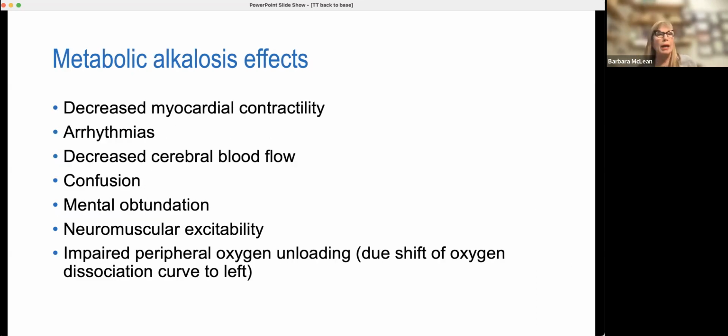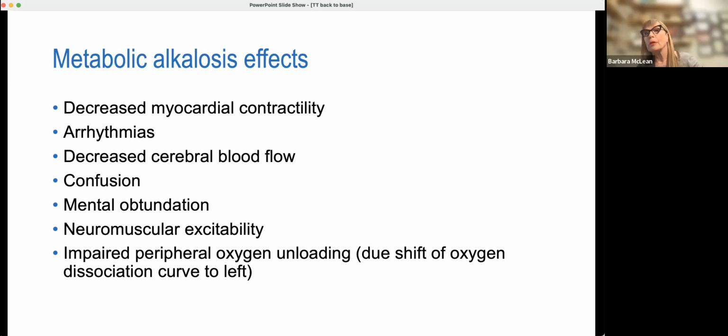Now, with metabolic alkalosis, you can also have depressed myocardial contractility. One, with acidosis, your intracellular potassium is low, and two, with alkalosis, your intracellular potassium is high. So you, again, can have a very significant decrease in myocardial contractility. And again, that's really important to factor into the way in which you're monitoring your patients. You may have significant dysrhythmia, because typically with metabolic alkalosis, you may have some cerebral vasoconstriction, so decreased cerebral blood flow.